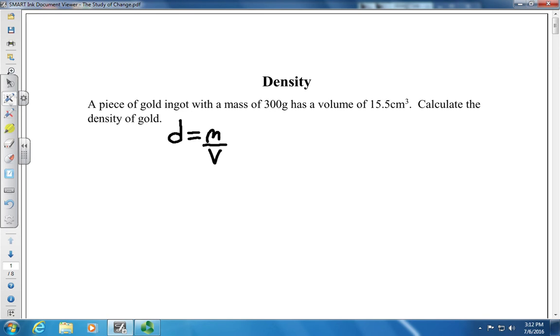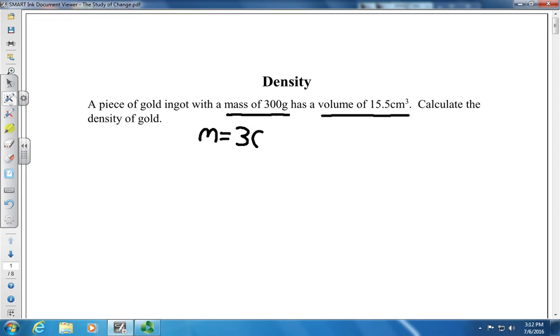And in doing this, whenever you look at a problem in chemistry, the first thing you're going to want to do is, before you even look at this equation, density equals mass over volume, look at what your given values are. So we're given our mass and volume. I encourage you to write those down.